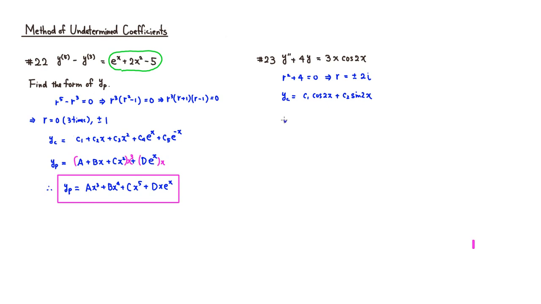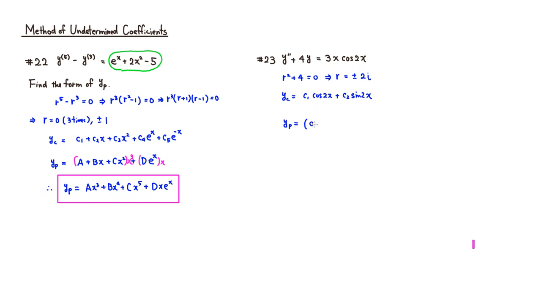You have a y sub p equal to, we consider all possible derivatives of 3x cosine of 2x. So you can get the cosine of 2x, and you can get x cosine of 2x. You can get the sine of 2x and x sine of 2x.